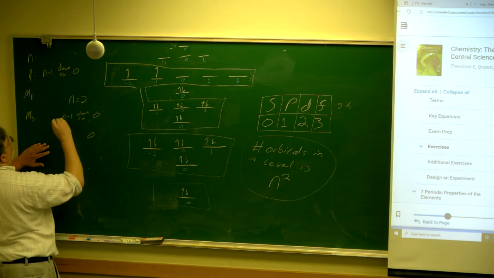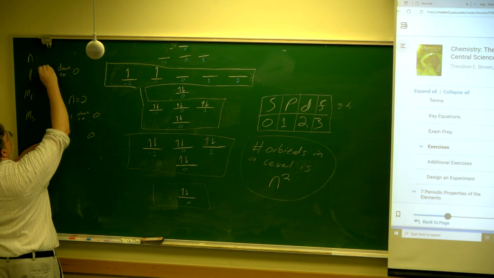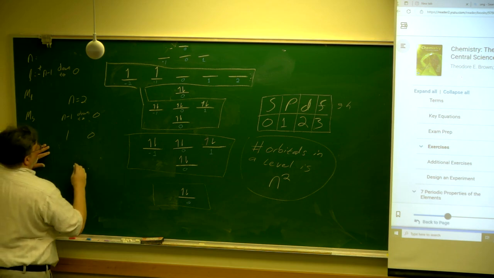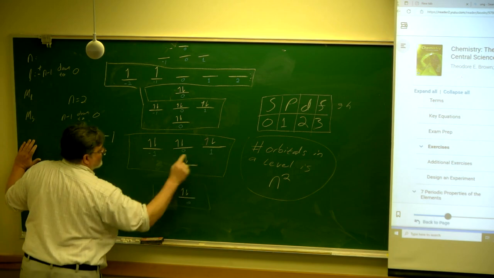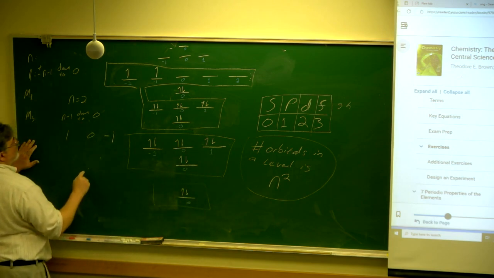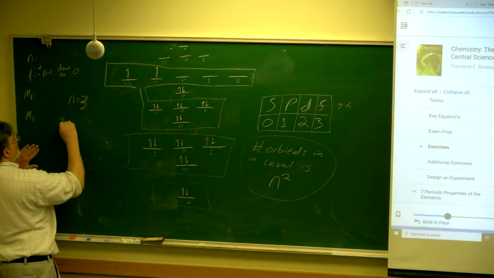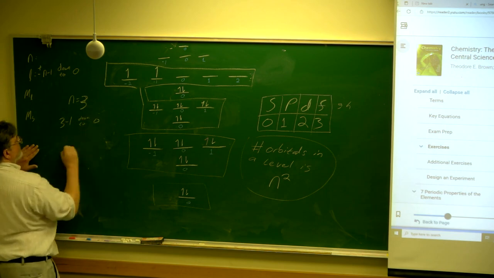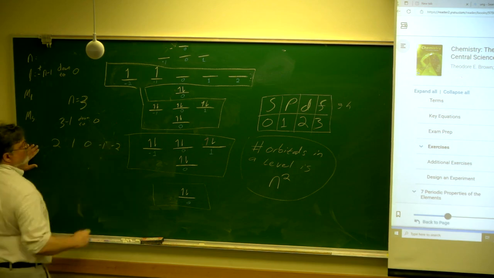Oh, I forgot, you have to do plus minus. I'll do that, plus minus. So now we've got 1 down to 0, down to negative 1. So 1, 0, negative 1. N equals 3. 3 minus 1 down to 0. So you got 2, 1, 0, and negative 1 and negative 2.